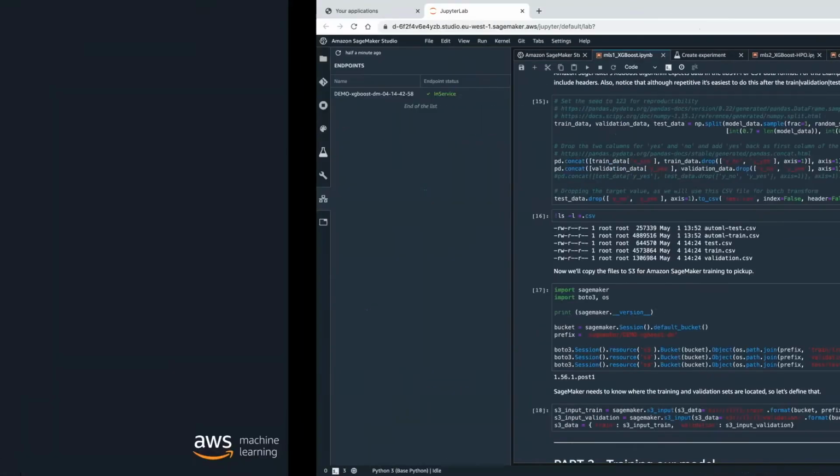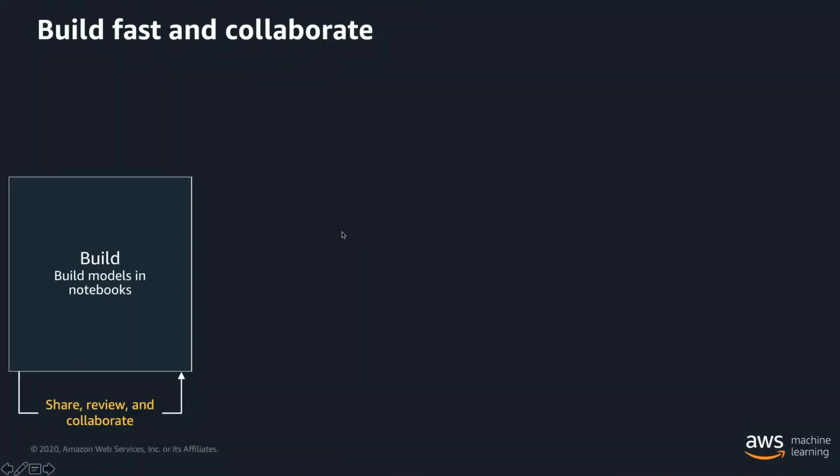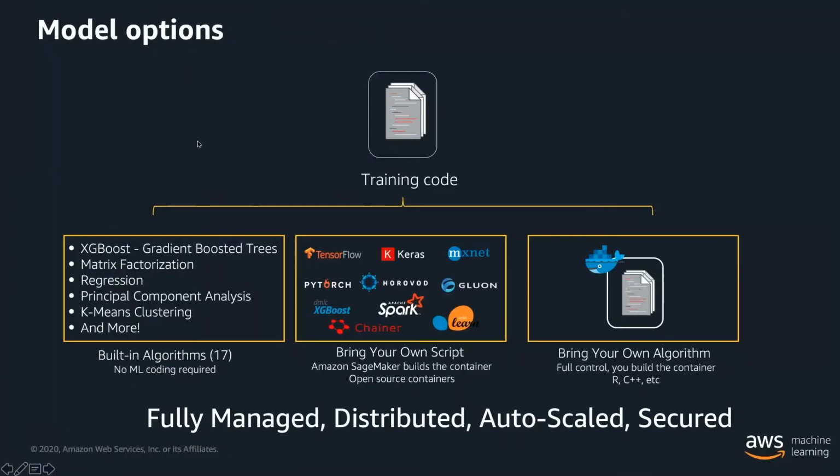So next, when we have prepared the data, the next thing is to choose an algorithm. And with SageMaker, we have three main possibilities to choose the algorithms. First, as Neil explained a bit, we have 17 built-in algorithms. For these, there is no coding required.